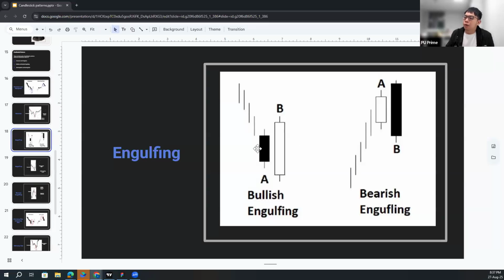This time we compare the two bodies of the candlesticks. The body has to be bigger than the previous body, so it engulfs the previous candlestick here. This is the bearish, this is the bullish, and then we can tell for sure that it is a different opinion here in the market, that it engulfs the previous opinion here.